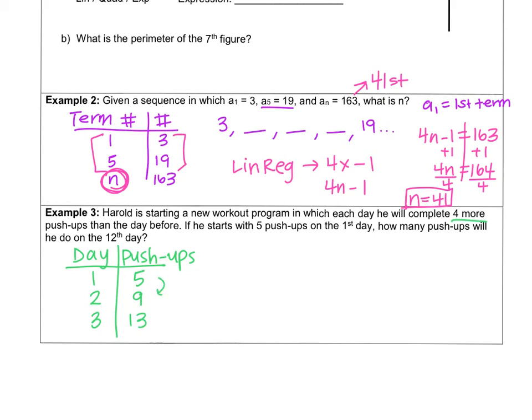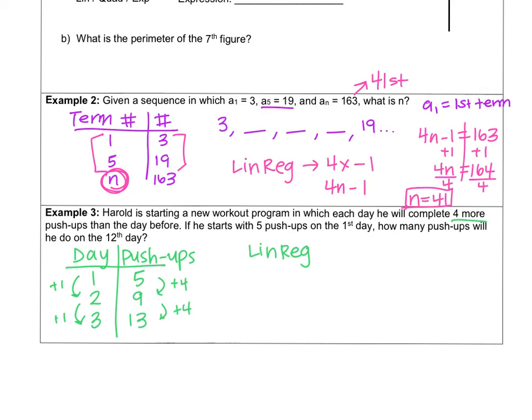When I have a constant rate of change in both my x and my y, we should know from 7th grade that that's a linear function. And so again, I'm going to use linear regression to figure out what this is. With a linear regression, you only need 2 points.